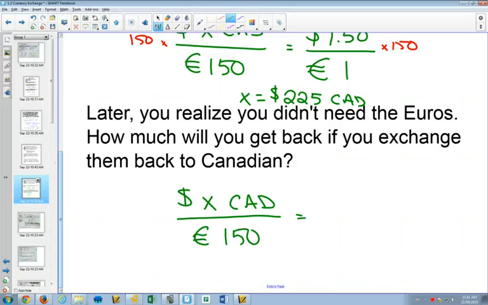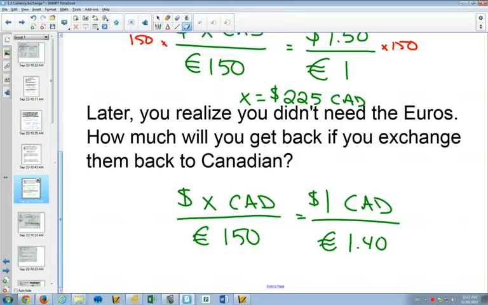And now you're looking at the buying rate. €1 is $1.40 Canadian.